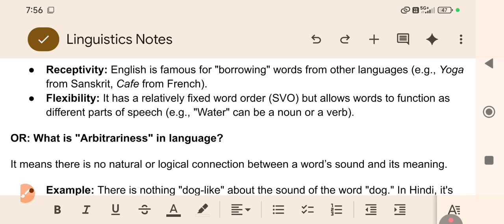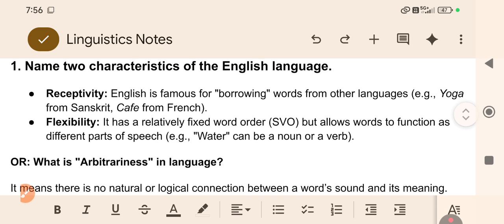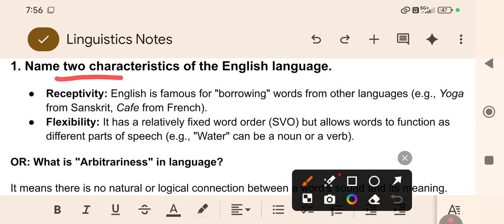Receptivity. English is famous for borrowing words from other languages, right? So this is another characteristic. English receives many words from here and there, meaning from other languages. So English has taken many words from other languages.